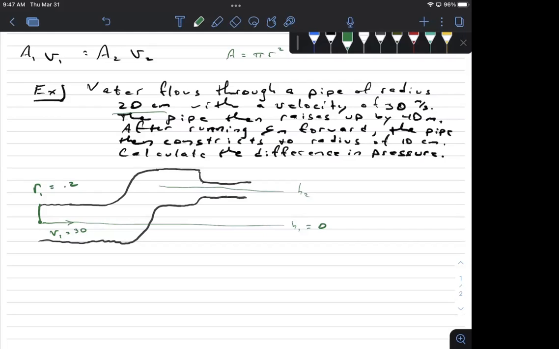And what that does is it forces H2 for this particular problem, since the pipe raises up by 40 meters, that means whatever I chose H1 to be, H2 is 40 more than that. And so since I chose H1 to be 0, just for convenience, H2 must be 40.